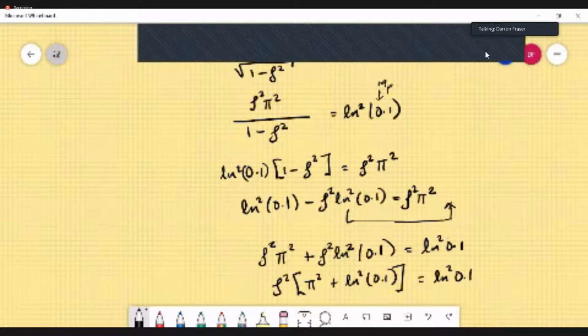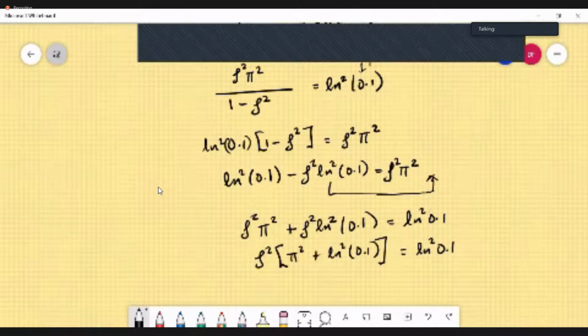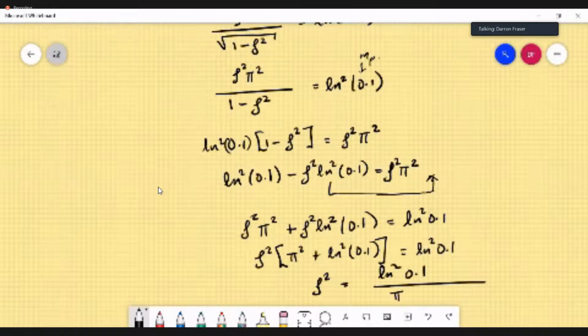So damping ratio squared is equal to ln squared 0.1 divided by pi squared plus ln squared 0.1.